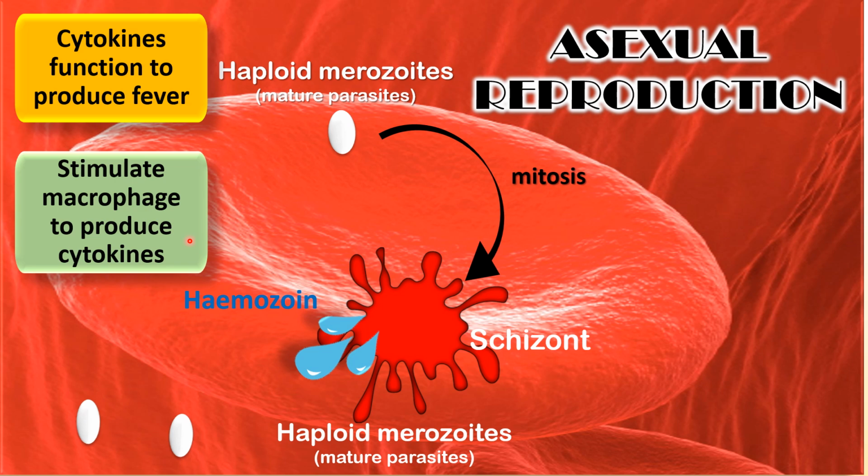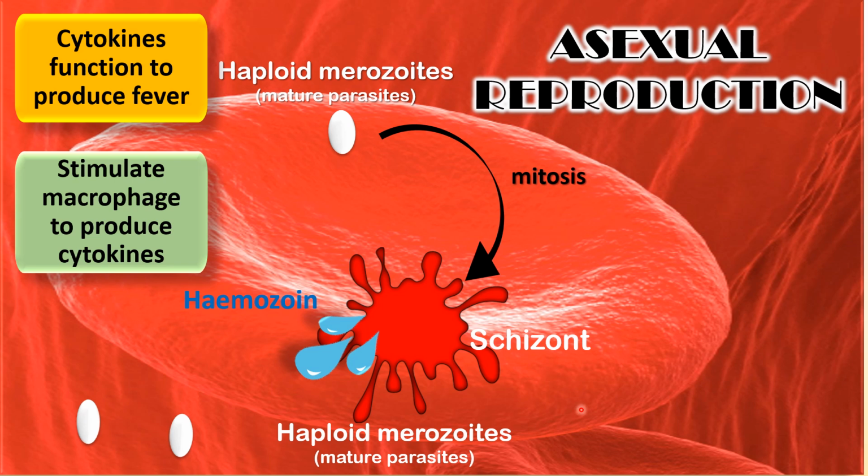Now, the difference between the asexual reproduction in the liver compared to the asexual reproduction in the red blood cell is that in the liver, as mentioned earlier, the asexual reproduction happens from a sporozoite forming a merozoite. That means from an immature parasite forming a mature parasite.